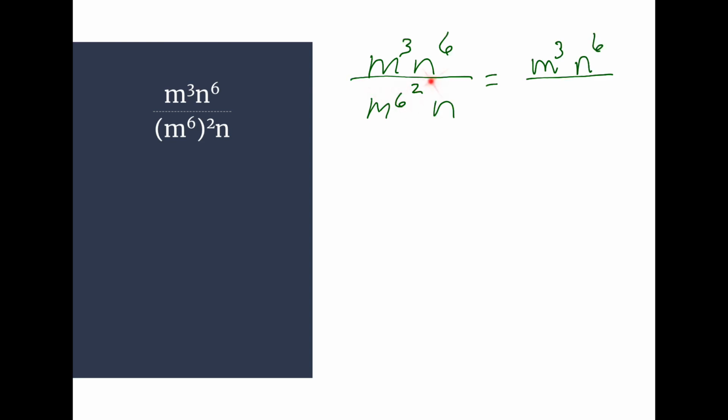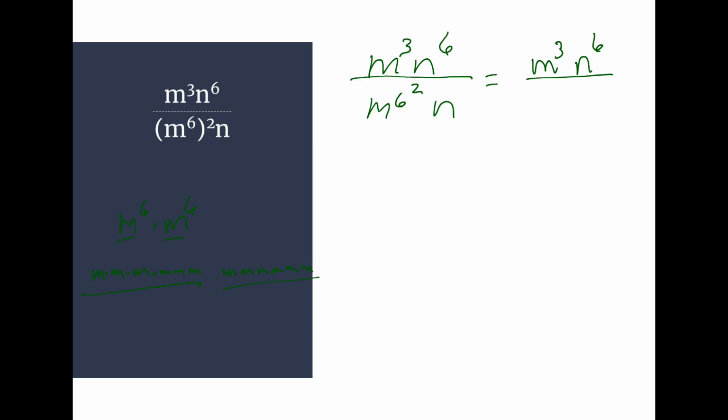On the bottom, though, I've got something weird going on here. I have an m to the 6 squared. Remember, if we expand that into expanded form, m to the 6 times m to the 6 would be m to the 6 squared. We have 2 m to the 6's. And if we write that out even more, we have m times m times m a whole bunch of times.